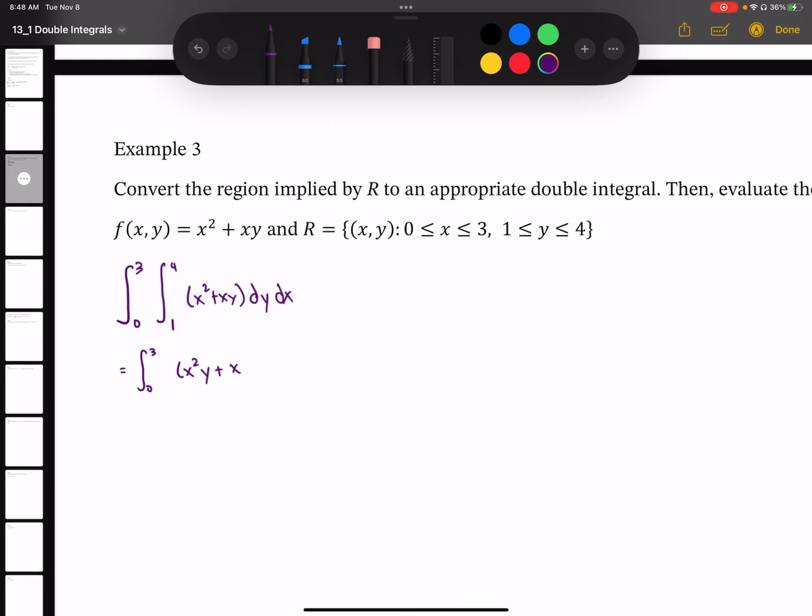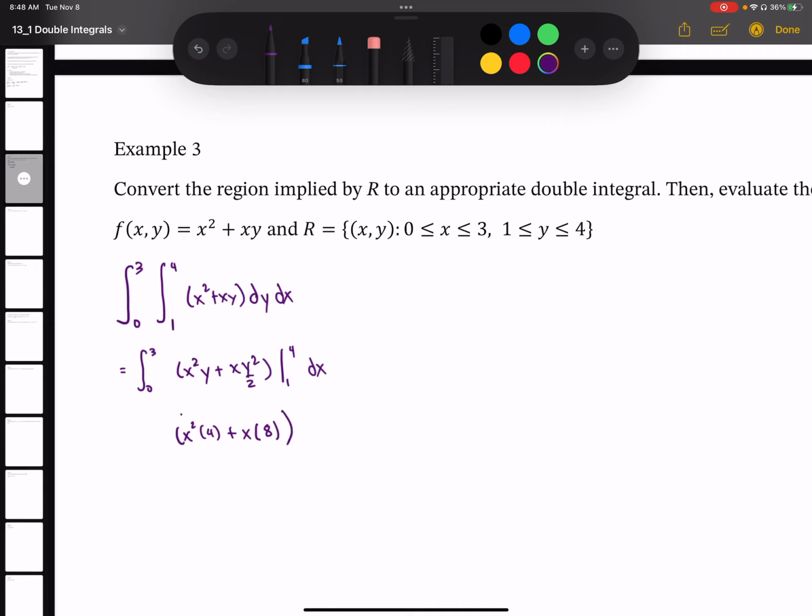So that's going to be x y squared over 2, and we'll evaluate that from 1 to 4 dx. So now if we want to actually do this calculation, what we're doing is x squared times 4 plus x times 16 over 2 is 8.